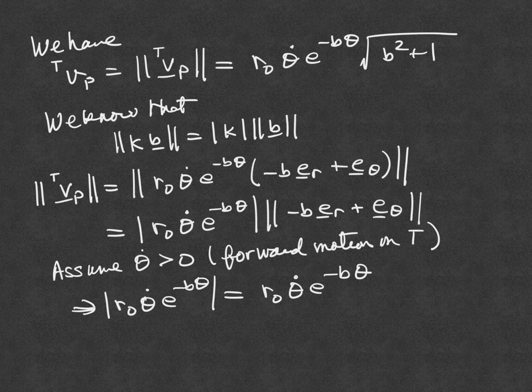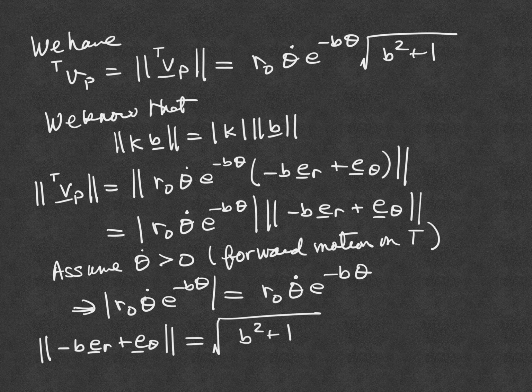And also, the magnitude of minus b er plus e theta is just equal to the square root of the sum of the squares of the components. So that's equal to the square root of b squared plus 1, which is how I got the result that you see up above. So now what I can do is take this speed and the velocity, and divide the velocity by the speed to compute the tangent vector.